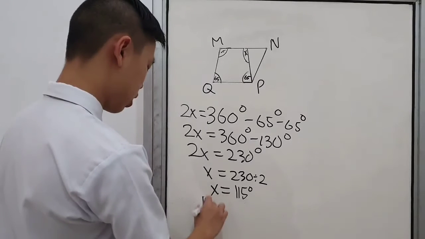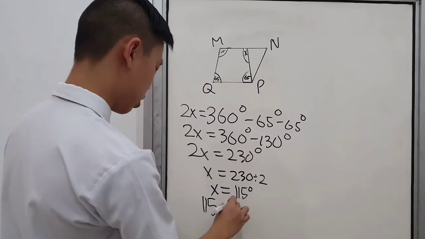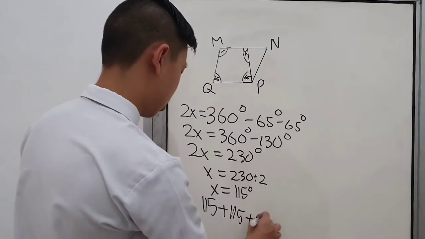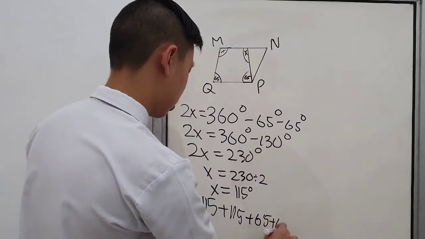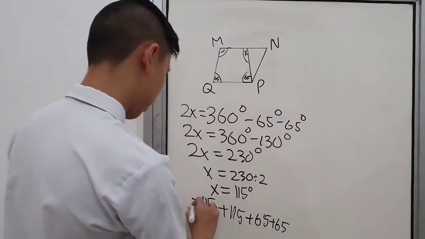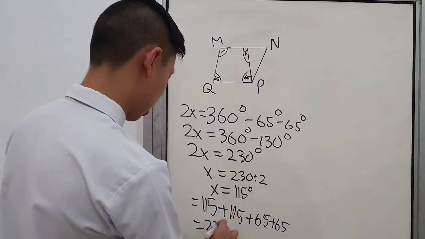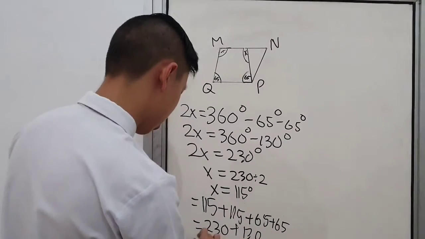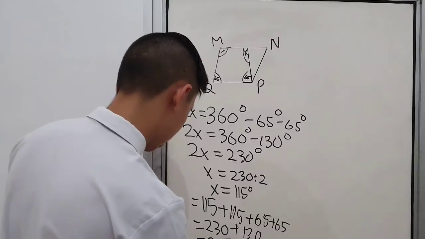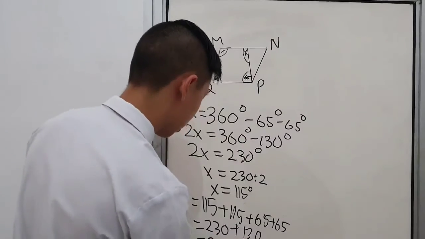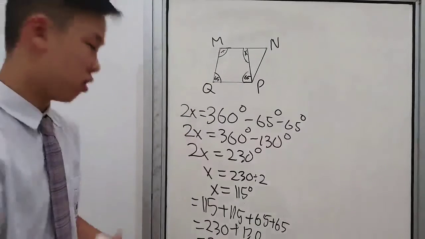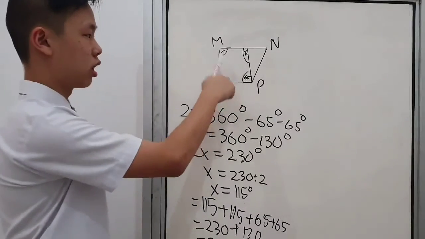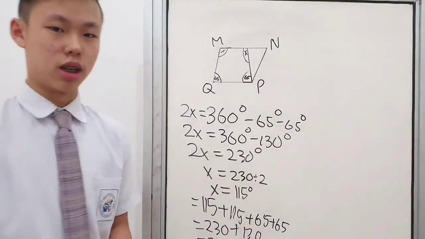So 115 plus 115 plus 65 plus 65, so it's 230 plus 130 equals 360 degrees. So we find 360 degrees for the sum of this isosceles trapezium, and it's correct.